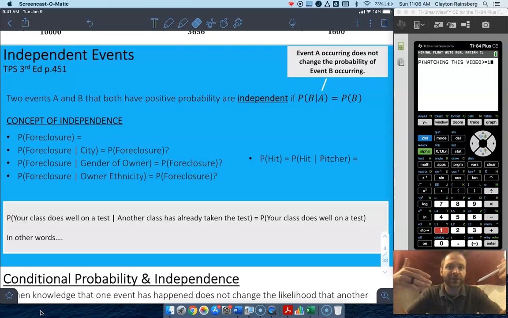We can analyze what's the probability of just houses being foreclosed. Now what if we set a condition? What if instead we say, hey, what's the probability of houses being foreclosed, we set a condition of a city? What is the probability of a house being foreclosed given that it's in Columbus? Is that equal to the same probability of any house being foreclosed on?